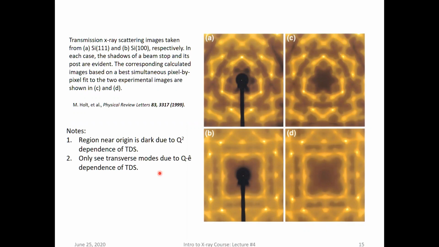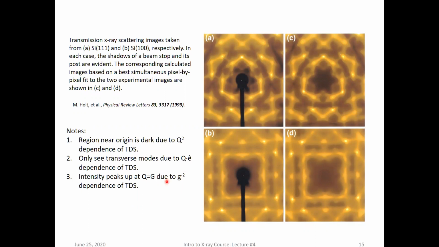Since Q in this particular experiment is perpendicular to the plane we're looking at, always scattering sideways, we can only see phonon modes polarized perpendicular to us. So we're just seeing the transverse phonons, because Q and U have to be in the same direction.